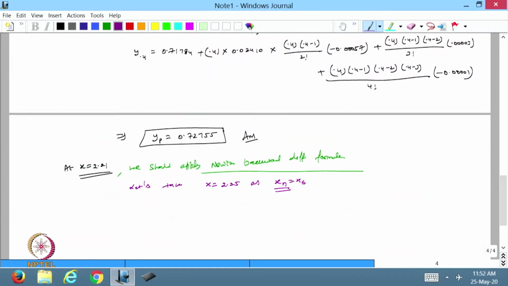If I choose this as x6, then the previous values will be x5, x4, x3, or if we choose x equal to 2.25 as x0, then the previous values will be represented accordingly.